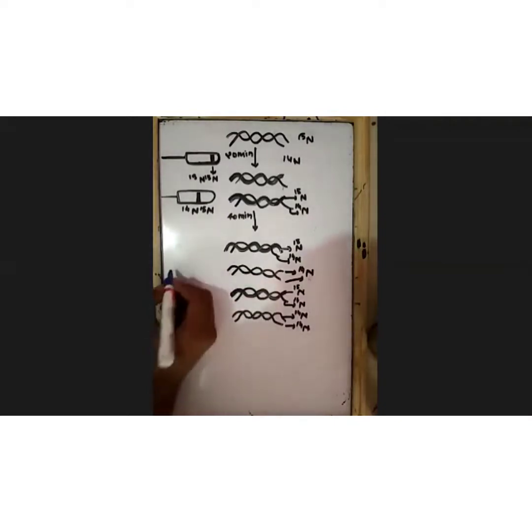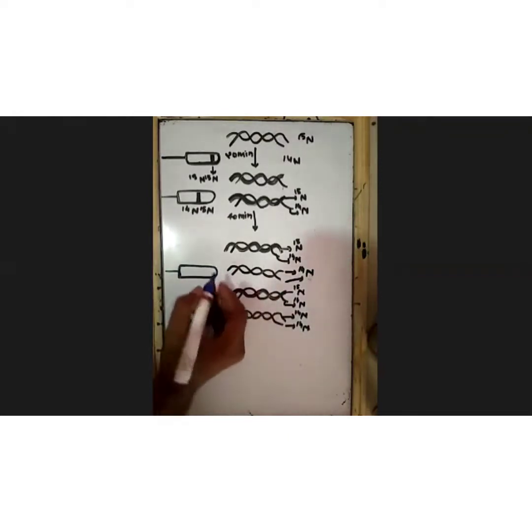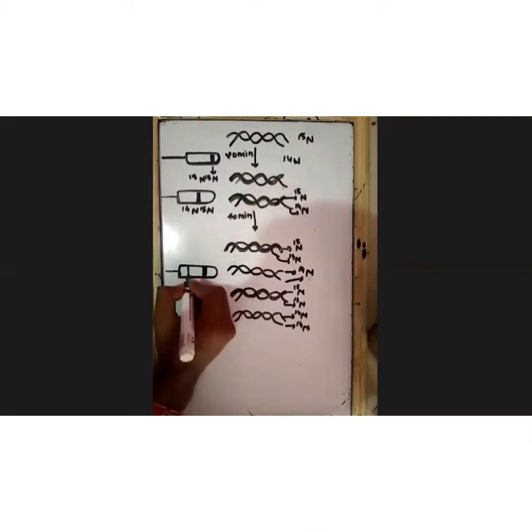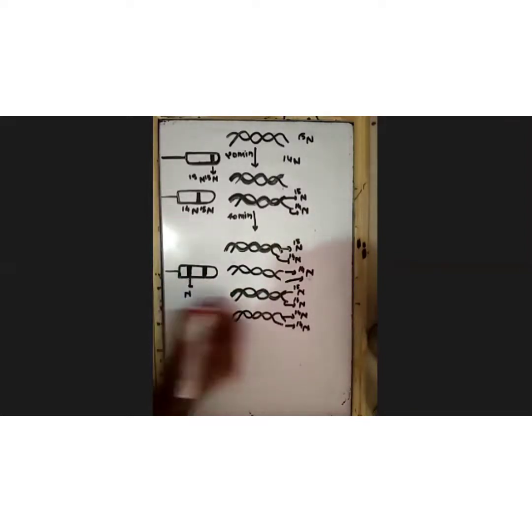In the third step, they got two bands. One band is in midway and one band is in the upper part. So this is N14 and N14, and this band is for N15 and N14.